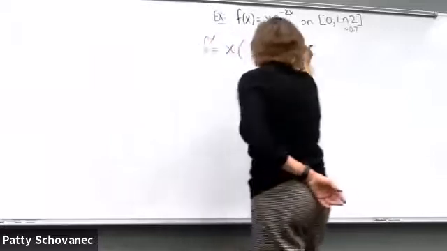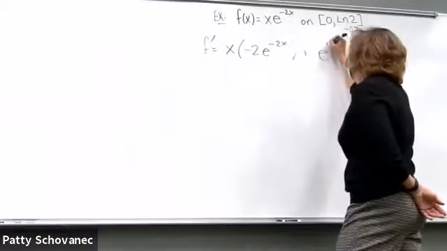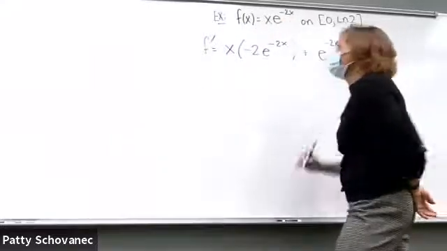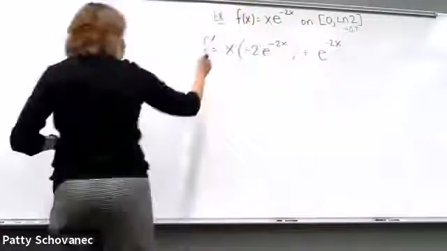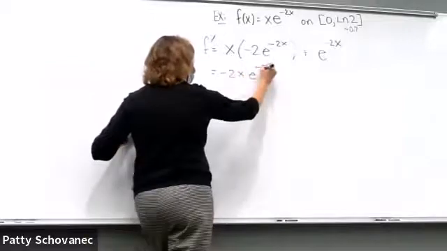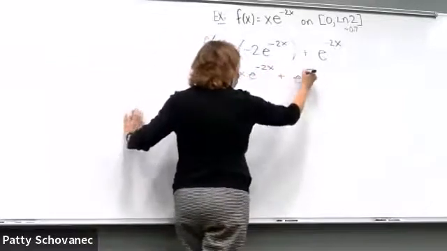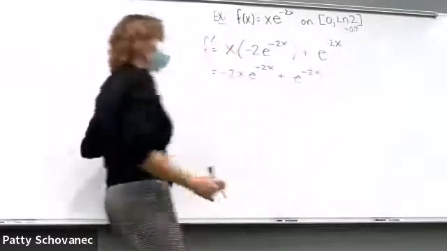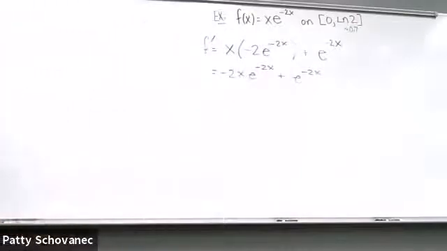All right. And now here's the second times the derivative of the first. So you can just take the parentheses away and write that as minus 2x e to the negative 2x plus e to the negative 2x. So you can factor. You've got a common factor of e to the negative 2x.